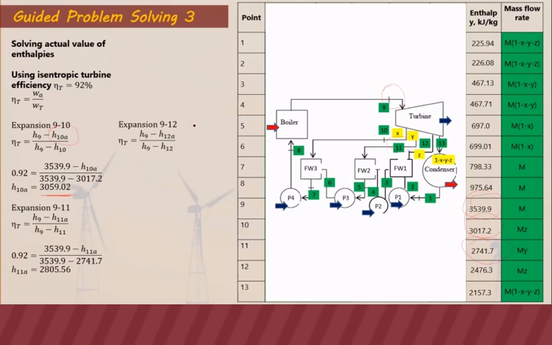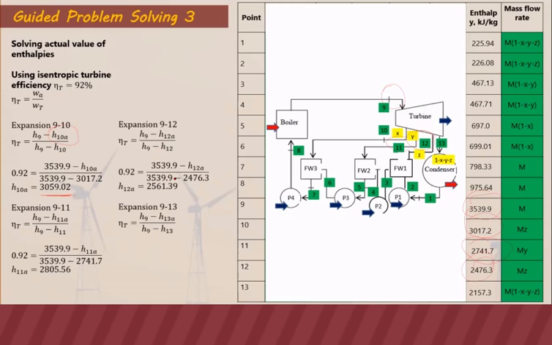And for expansion 9 to 12, we have here 9 and 12. So we will use H9 minus H12 actual divided by H9 minus H12. Substituting the value of 12 from the table, we can get the actual enthalpy at point 12 as 2561, which is also greater than the ideal value.